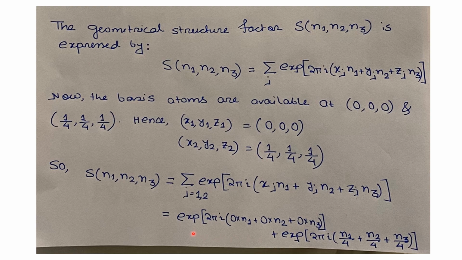So, we will have exponential of 2 pi iota 0 into n1 plus 0 into n2 plus 0 into n3, because for the first basis the coordinate is 0 comma 0 comma 0, and for the second basis we will have exponential of 2 pi iota times 1 by 4 times n1 plus 1 by 4 times n2 plus 1 by 4 times n3.